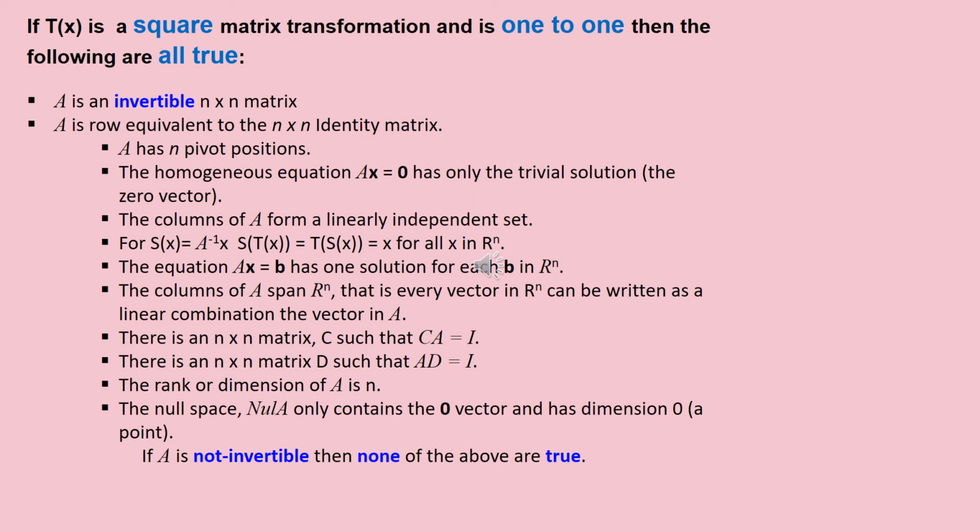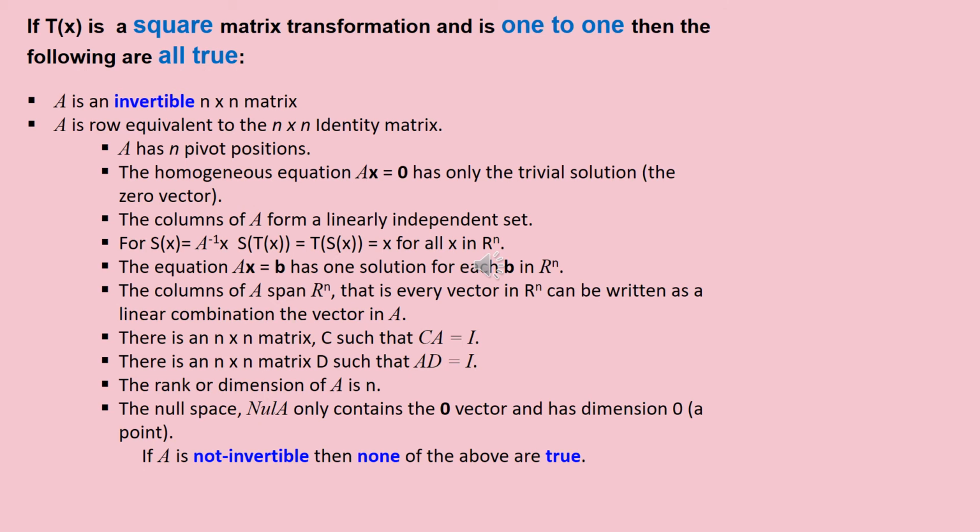If you do have a square linear transformation and it is one-to-one, then the following statements are all true. But again, this applies to the assumption that you are dealing with a square linear transformation. So if your matrix A is accomplishing a one-to-one linear transformation, A will be invertible.